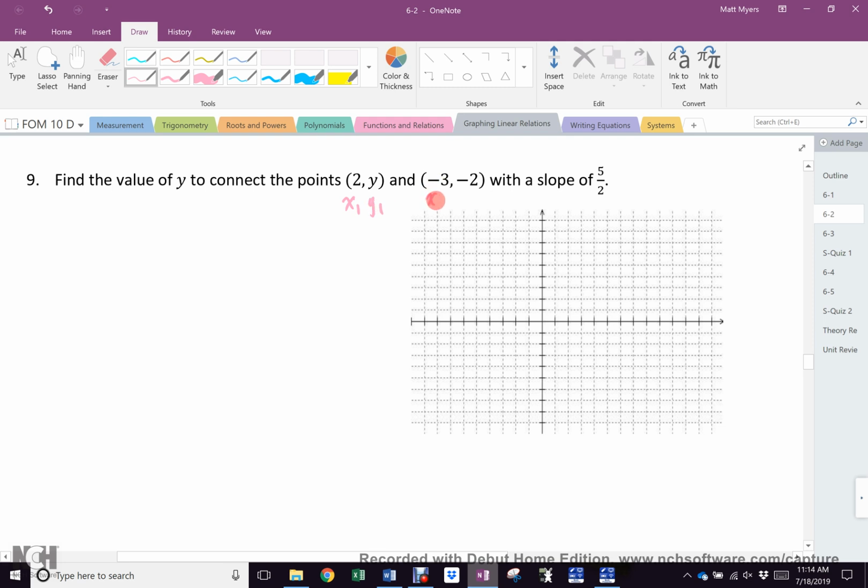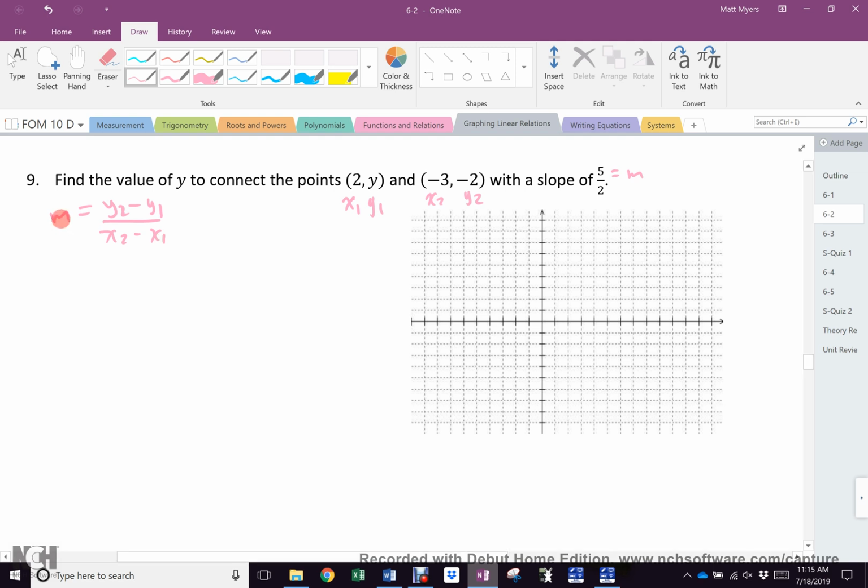That makes that guy x2, y2, and there's my slope, right? There's my m. If I write it out, I cannot possibly do it wrong. It is impossible to do the grade 10 part of this wrong.